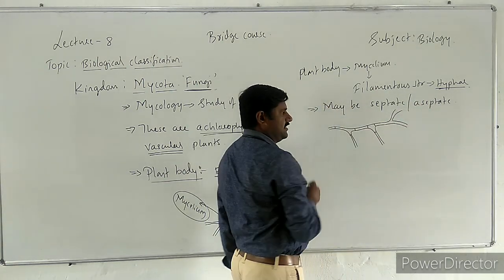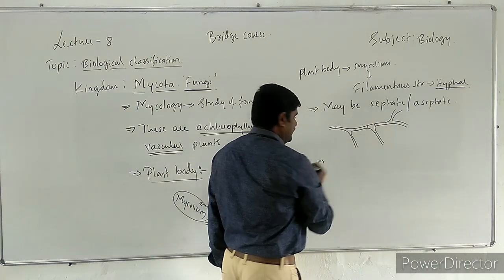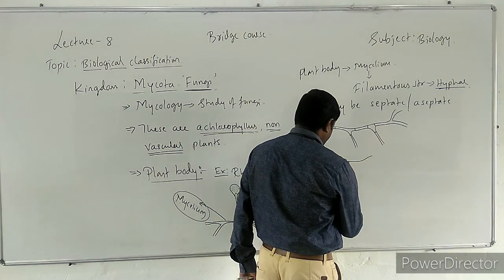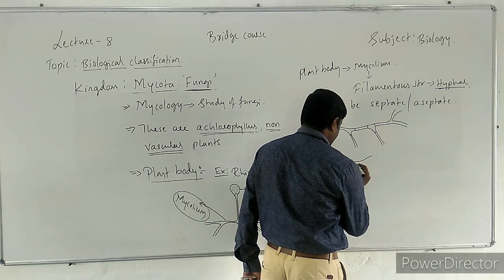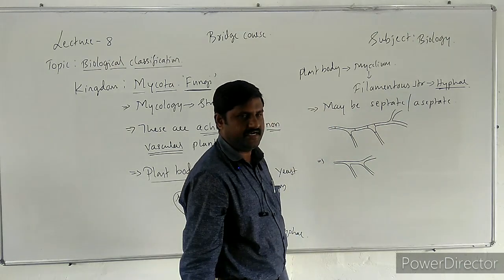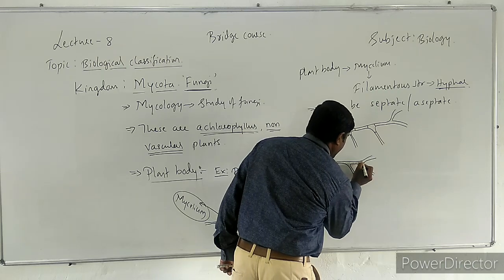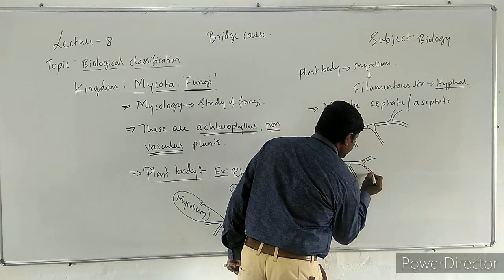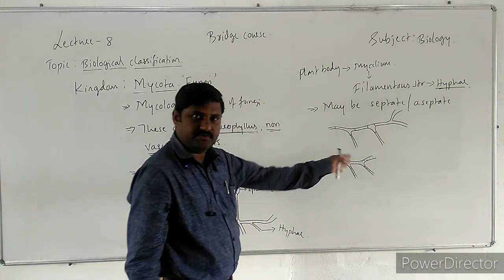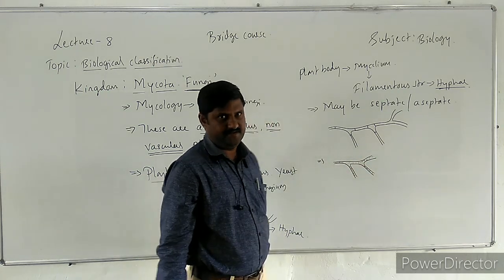If septa are present, it is septate hyphae. This is one aseptate hyphae, in which we come across many nuclei within it.